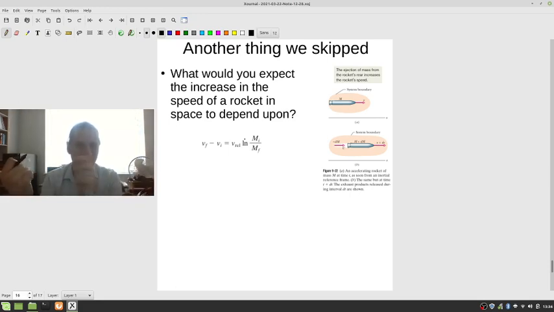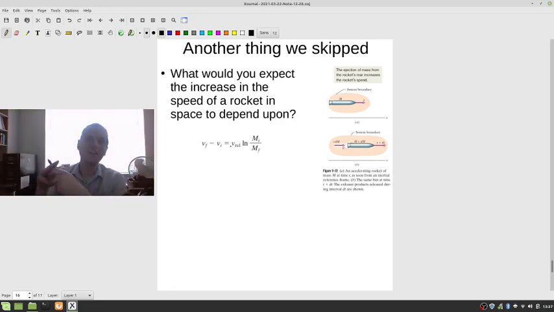Okay, so you've got to fart out exhaust. And it also depends on the relative speed of that rocket fuel to the rocket. So the faster you're pushing out that exhaust, the faster you're able to go forward with your rocket.